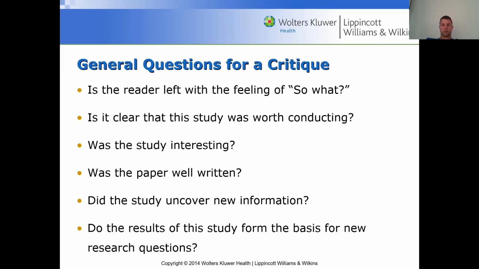Did the study uncover new information? Every study should give you something new. Sometimes they're little tiny things, but we don't want people doing the exact same thing over and over again. Now, sometimes people will redo an old study but with new equipment to analyze things, and that does add something new.